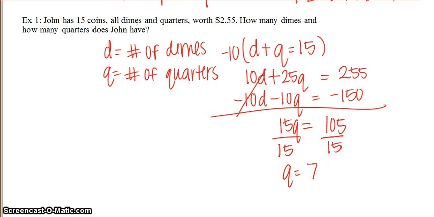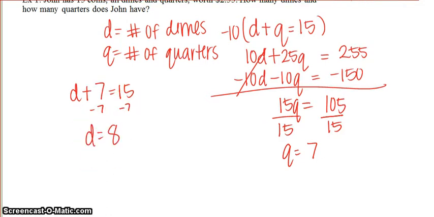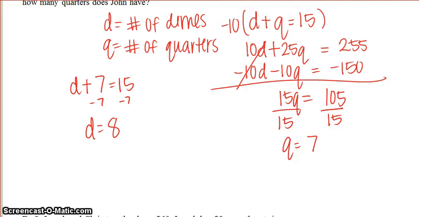Okay? But I need to find out how many dimes I have. So I'm going to plug it back into the first equation. So I know D plus Q, which is 7, equals 15. If I subtract 7 from both sides, D equals 8. Now, once we're done, you might not have labeled D and Q. For these word problems, I want you to write out the answer. It says, how many do they have?